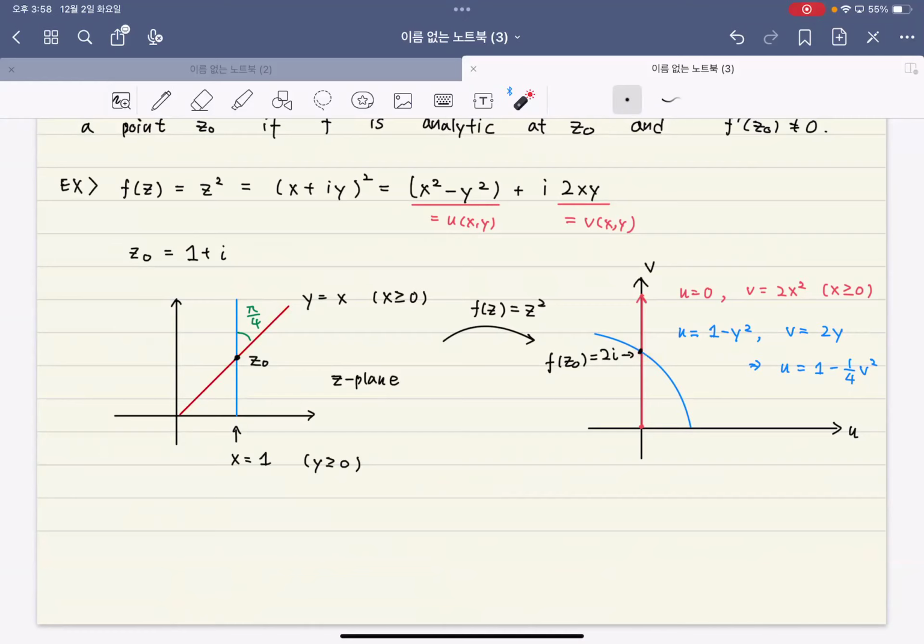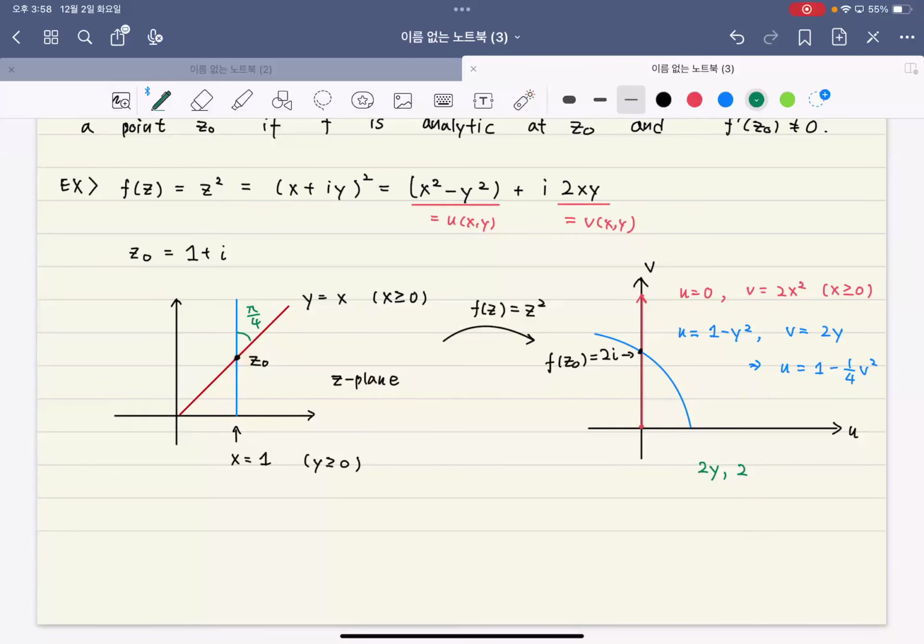And at this point, what do you think is the tangent vector? This is 2y and 2, and here y is 1.